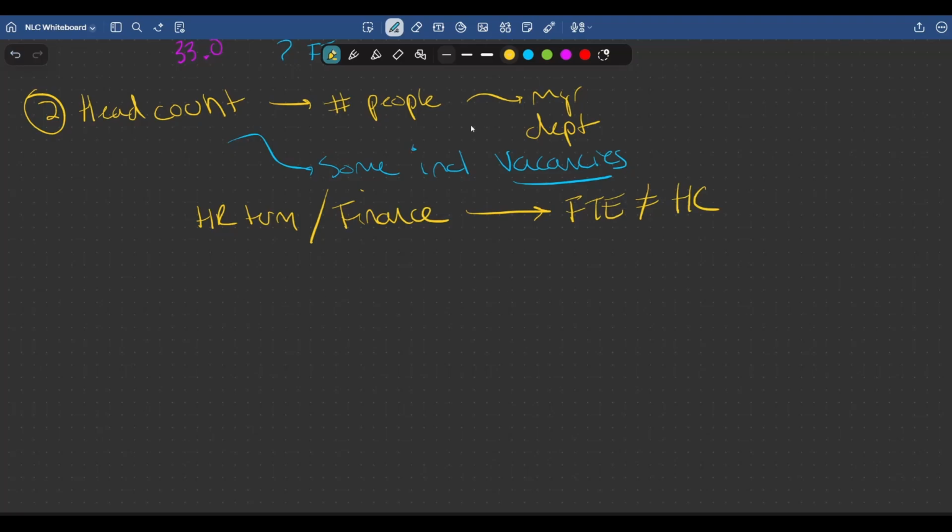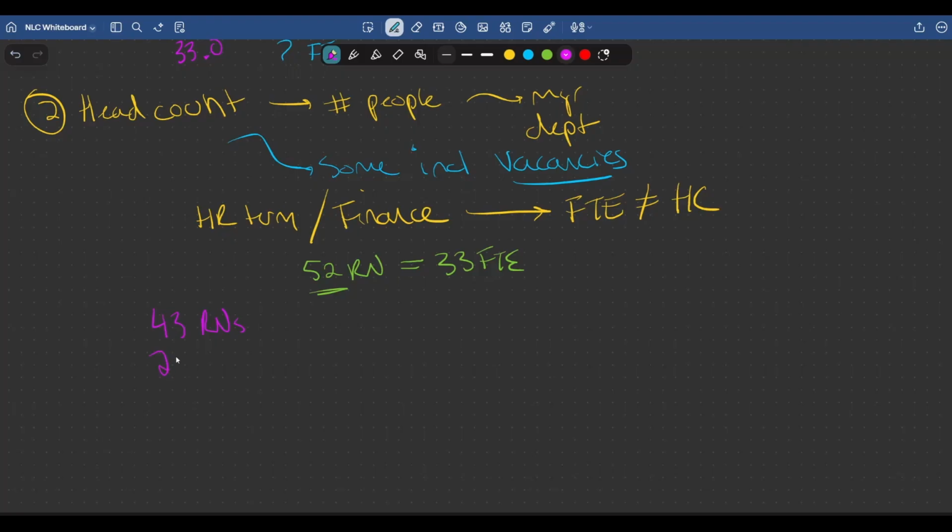And you can already tell from the example we had: we had 52 RNs in that previous example, but we had 33 FTEs, right? So 52 in some sense would be our headcount. So let's extrapolate this out to another concrete example. Let's say I have a team that is 43 RNs, right?